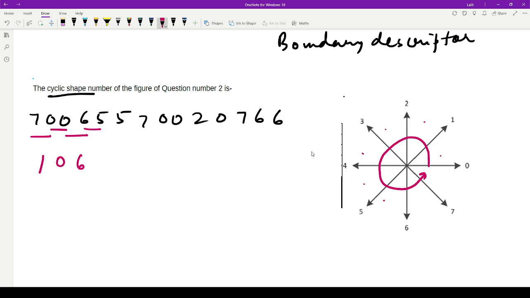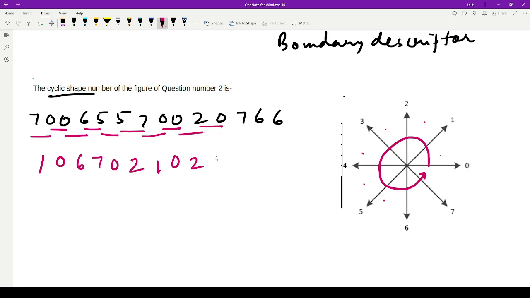From 6 to 5, 7. 5 to 5, 0. 5 to 7, 2. 7 to 0, again 1. 0 to 0, 0. 0 to 2, 2.